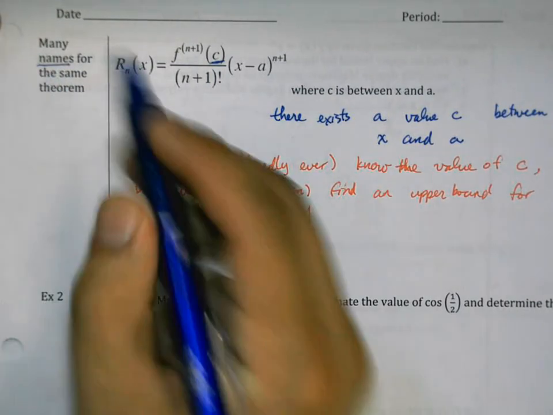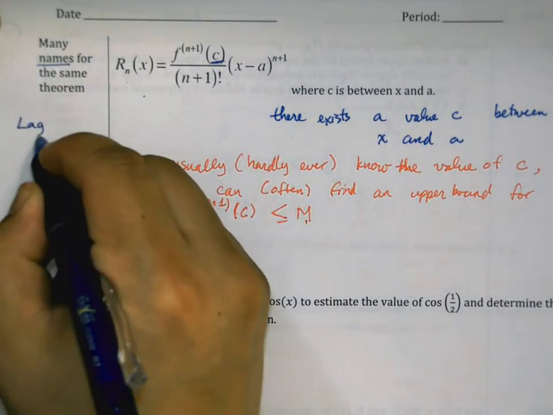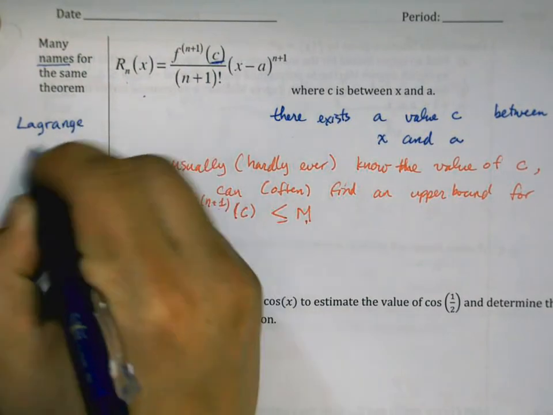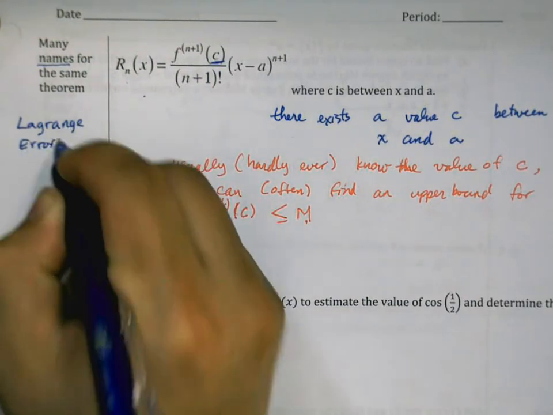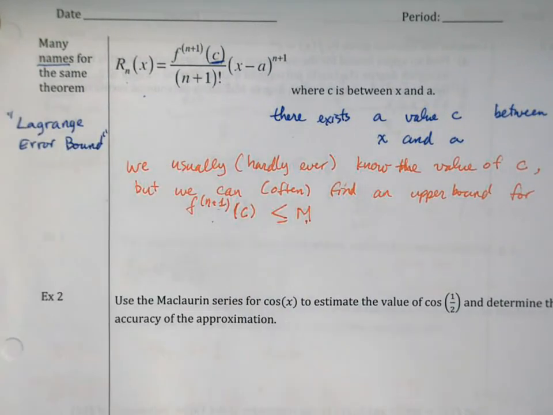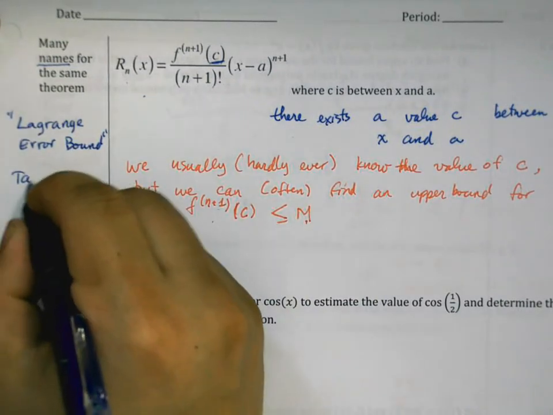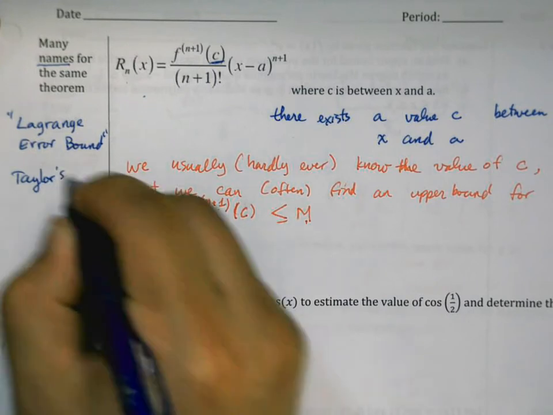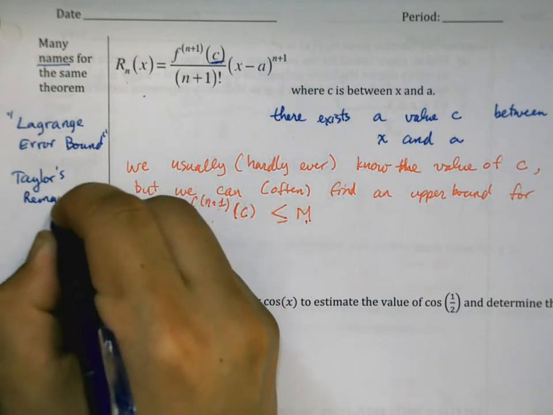Now, the different names for this. This is called the Lagrange error bound. This is also called Taylor's remainder theorem.